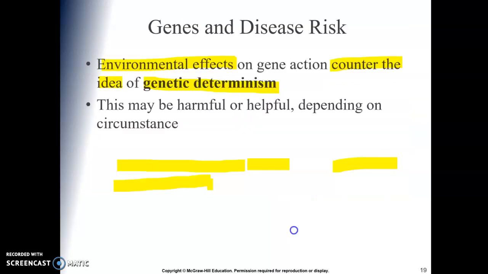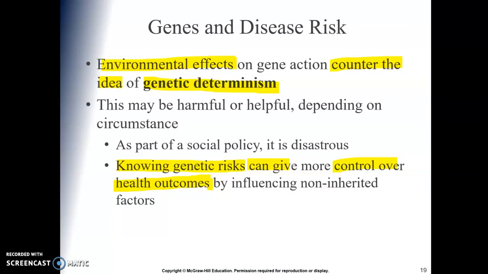All right, so having an understanding of genes and the risk that those genes might have for us is very important because it helps us to make decisions regarding our own health.